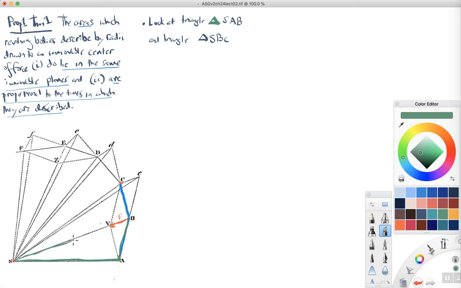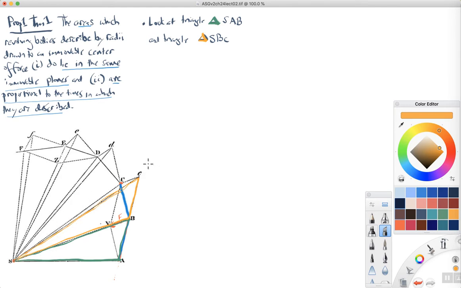We're going to focus on this triangle, and also let's do this one in yellow, triangle SB little c. So that is this one right here. Okay, so let's focus on these two triangles.